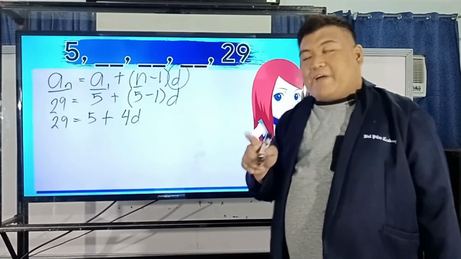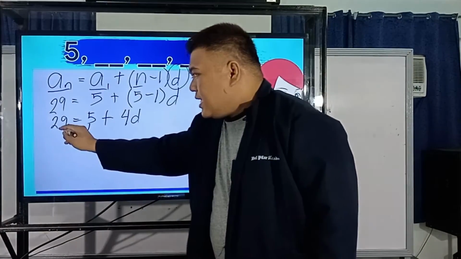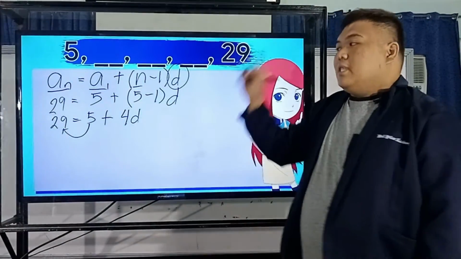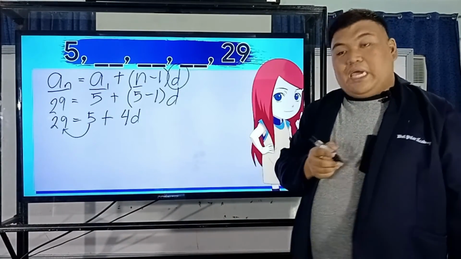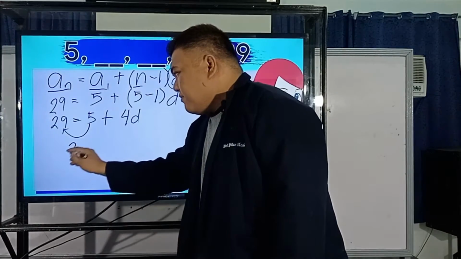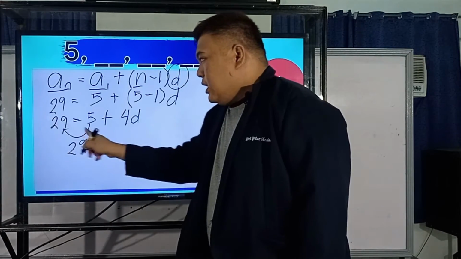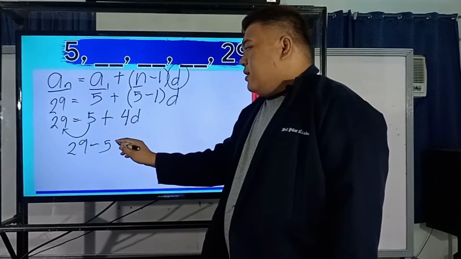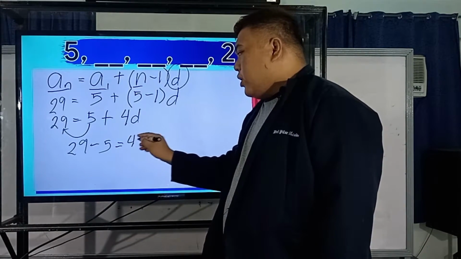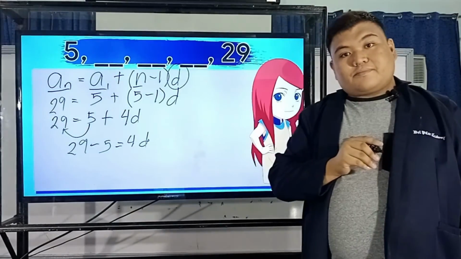So anong gagawin natin kay 5? Si 5 ay ililipat natin sa kabilang side ng equal sign. So kapag inilipat si positive 5, siya ay magiging negative. So we will have 29, si 5 na nilipat, magiging negative 5 is equal to 4d.